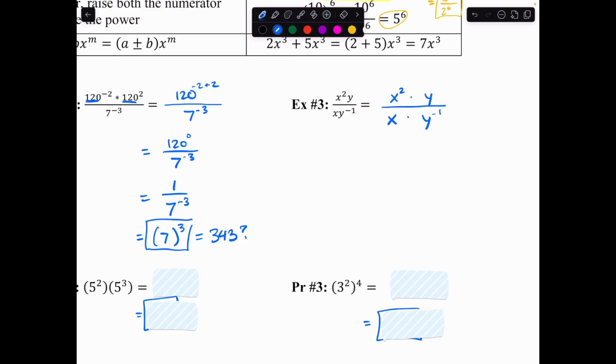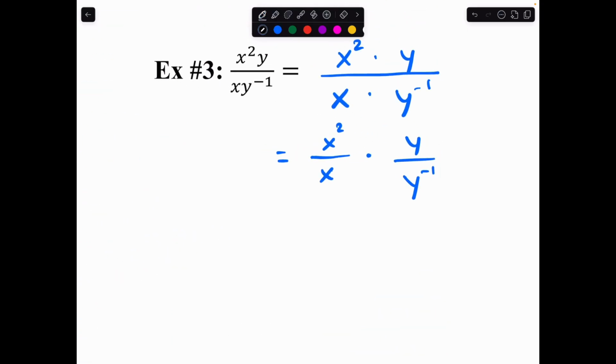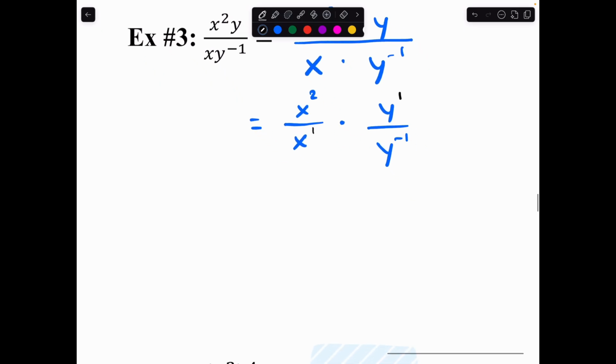And because we're just multiplying, we can actually write this as two different fractions. This is x squared over x times y over y to the negative 1. Please keep in mind that if there's no exponent written, then it's really a 1. You don't have to write it, but there's an invisible 1 there if there's no exponent at all.